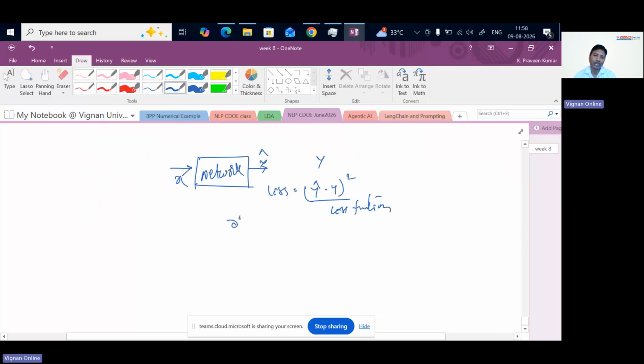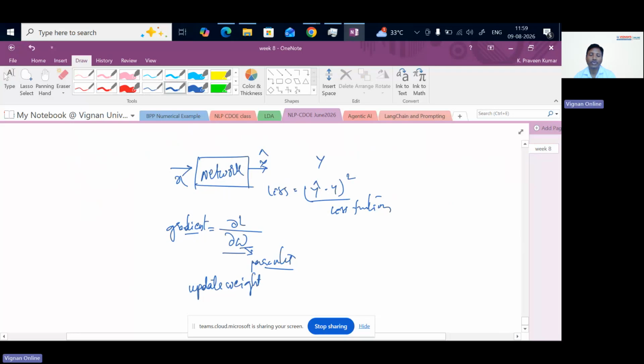Then we compute dL by dW, where W is a parameter. With respect to this W, I am going to differentiate L so that I get some gradient. Using this gradient, I am going to update the weight.